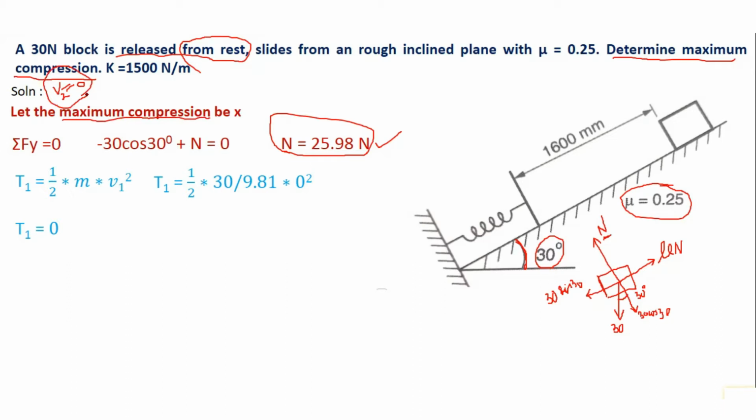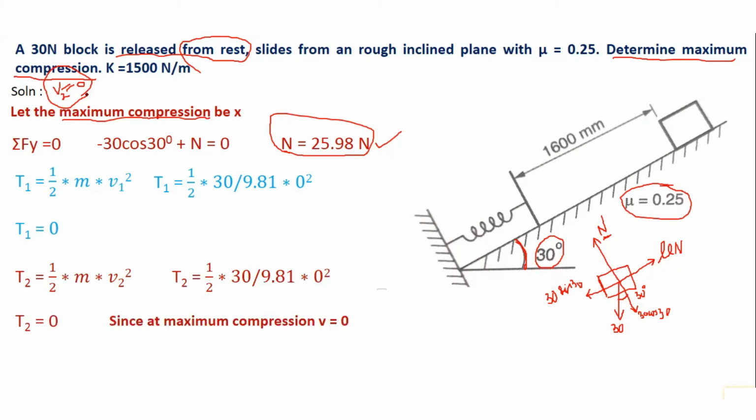So T2 is equal to half m v2 square, but as v2 is 0, T2 is equal to 0, since at maximum compression v is equal to 0. Next step is to find the difference in kinetic energy. So I get T2 minus T1 as 0, and let this be equation number 1, which completes the left hand side of the equation.